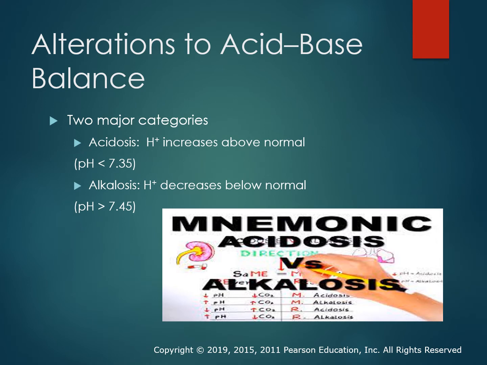So, alterations to acid-base balance. Acid-base imbalances fall in two major categories, acidosis and alkalosis. Acidosis occurs when the hydrogen ion concentration increases above normal and the pH is below 7.35.